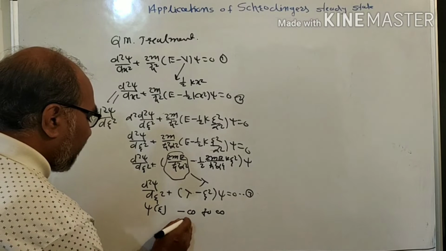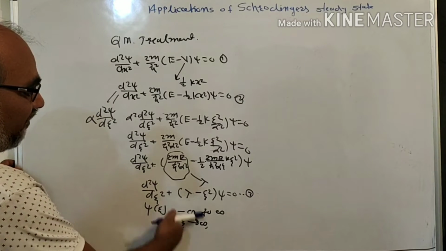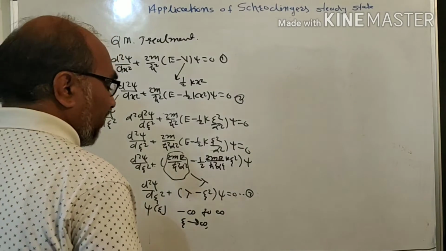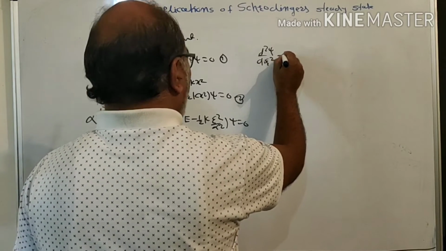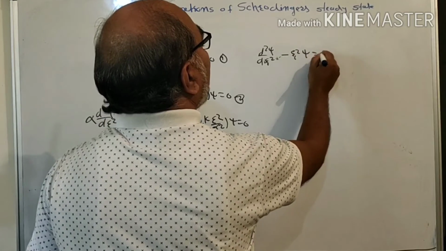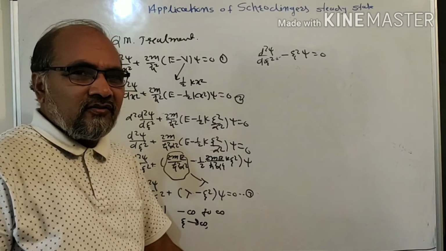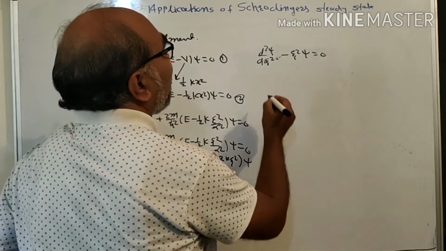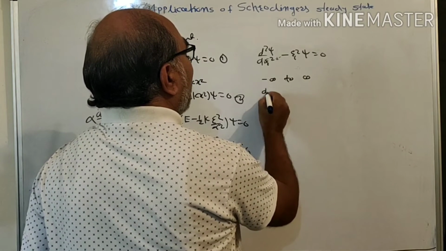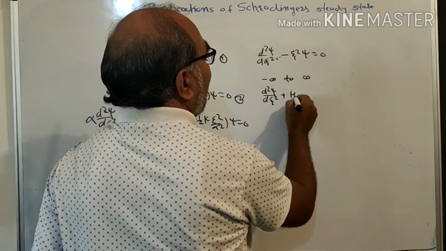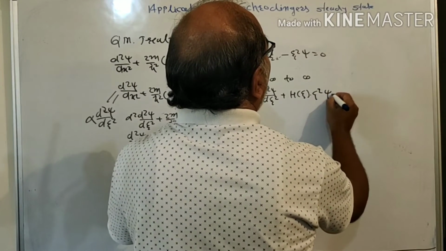When ψ(ζ) is acceptable and ζ tends to infinity, λ is very small and we can neglect it, so the equation becomes d²ψ/dζ² − ζ²ψ = 0. The solution of this type of differential equation should be of asymptotic form.